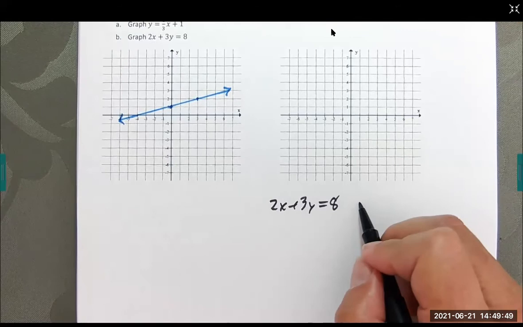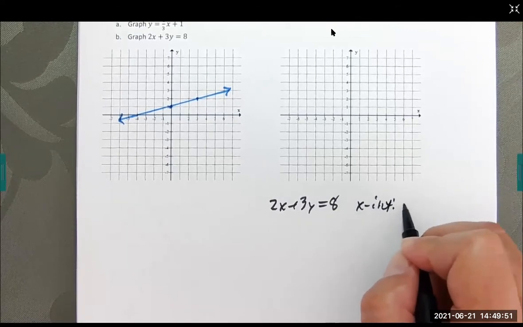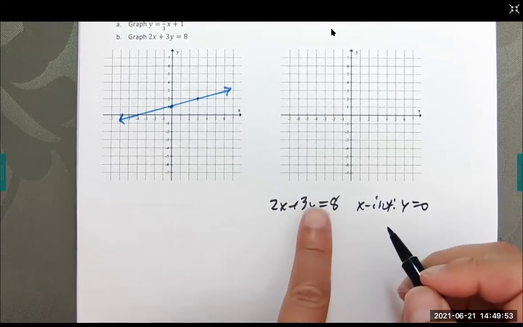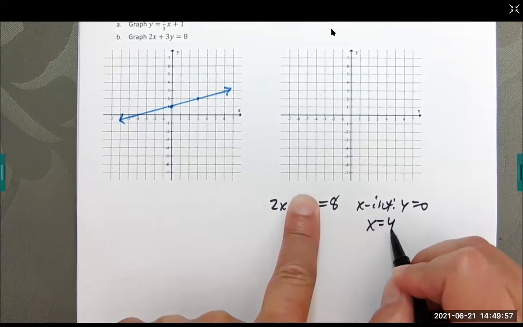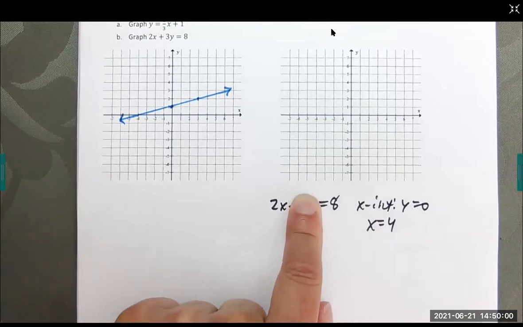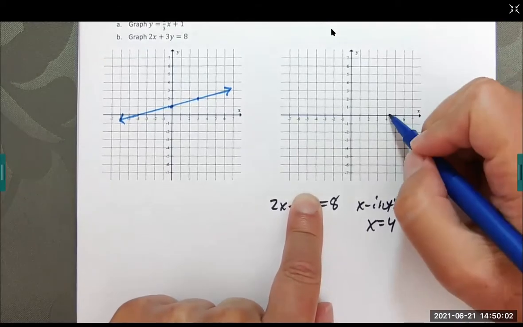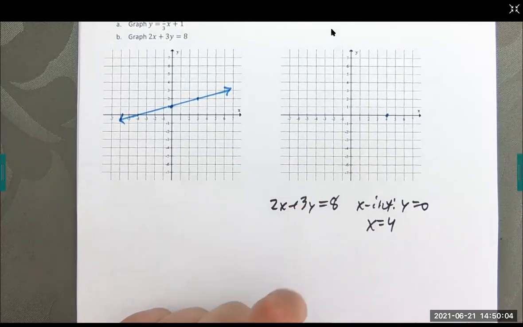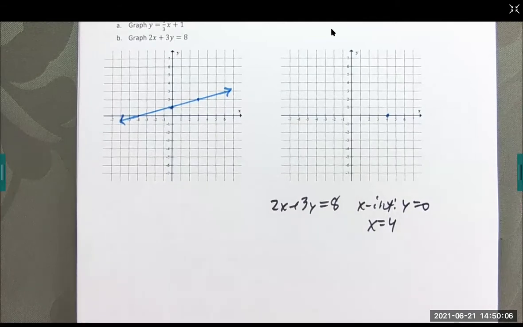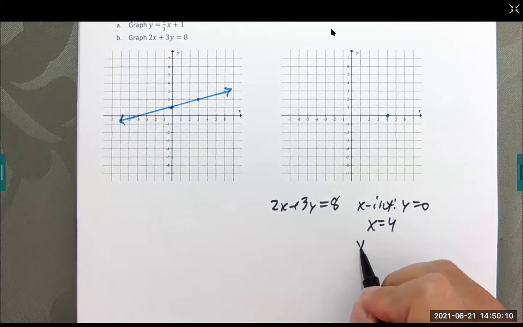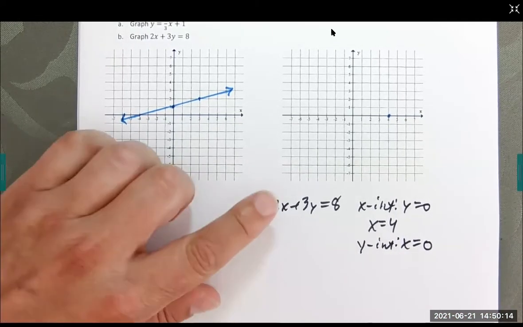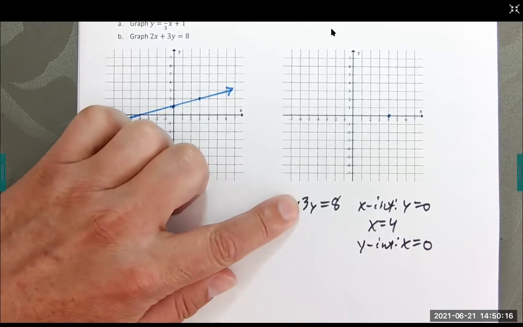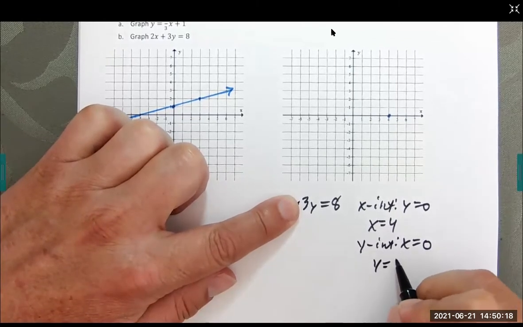For the x-intercept, that's when y equals 0. So when y equals 0, I get 2x equals 8. This means x equals 4. Put that down. 4. For the y-intercept, when x equals 0. When x equals 0, can you see that y is going to be 8/3?